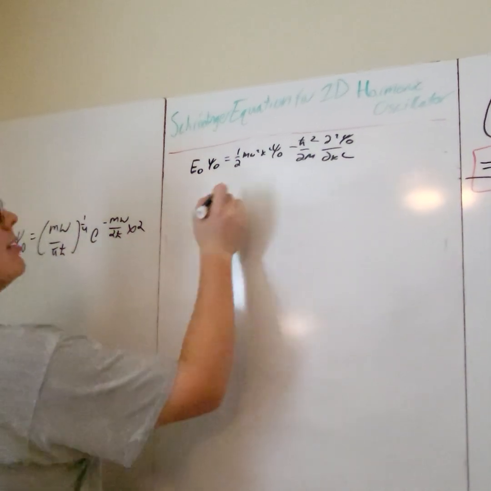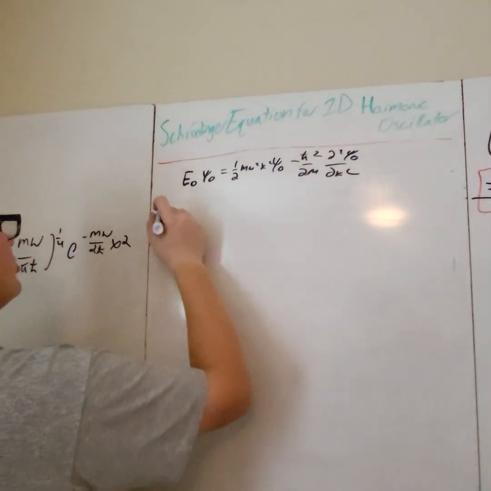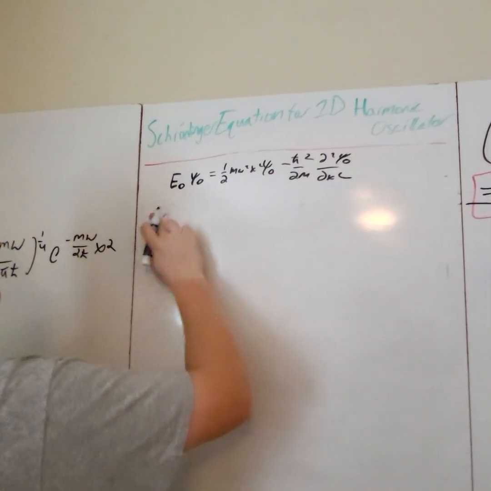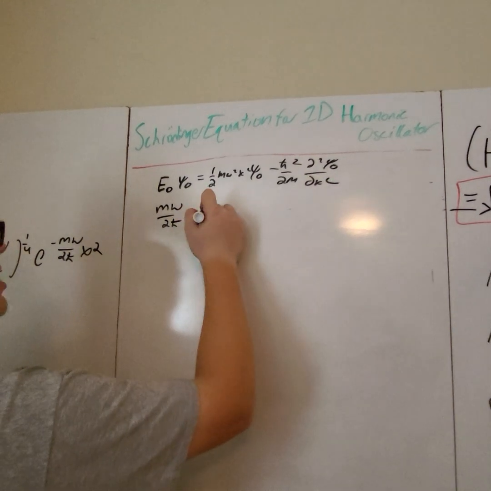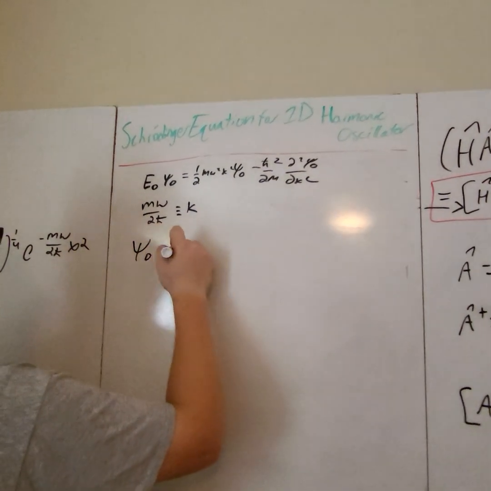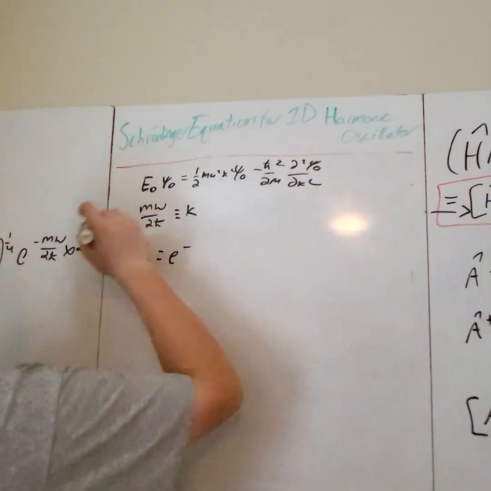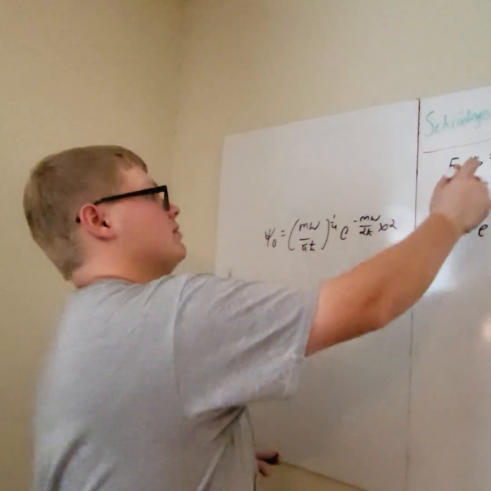Now I'm going to rename, because we're calculating second derivatives and they can get annoying. We're going to say that for the time being mw over 2h bar equals k. Psi sub 0 equals e to the negative kx squared. The constant factor that we just spent like 20 minutes calculating isn't really going to play into this because it'll just cancel out.